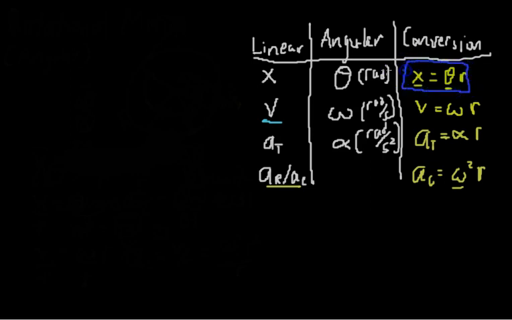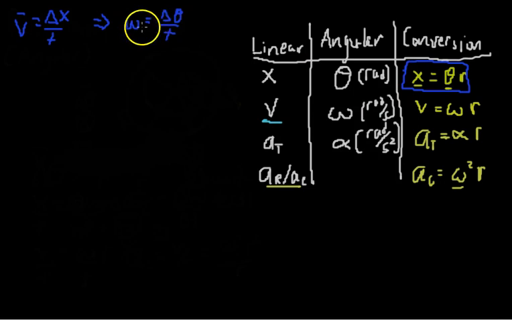This is really it right here, so we'll just start there. This contains everything in it that you need to know. What is the relationship between x and theta, between linear and angular? Because everything else just flows from there. So for example, we've already seen how if you have v equals delta x over t, that means that you also have omega equals delta theta over t.